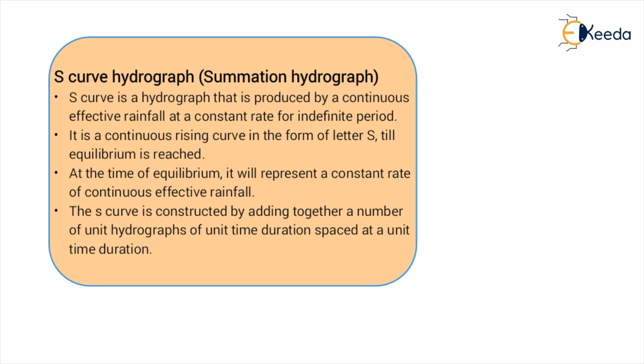The S-curve is constructed by adding together a number of unit hydrographs of unit time duration spaced at the unit time duration. So at the time of equilibrium, the runoff discharge value will be given by Q, the discharge, equal to A, the catchment area, into R divided by 36, Qmax.